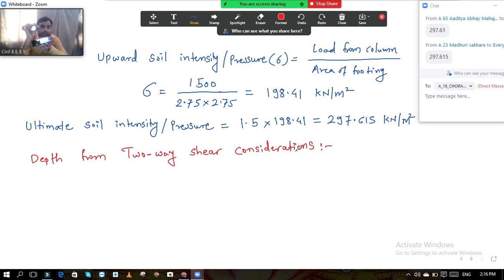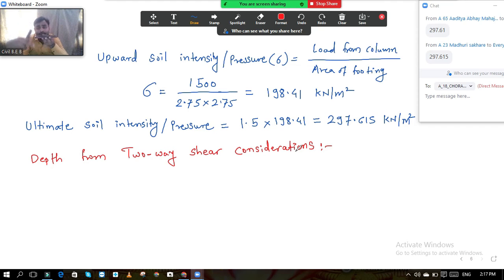That will be bigger than the size of the column, and this is called the punching action, and many footings fail due to this punching action. This column will exert so much pressure on this footing that it will try to penetrate through it.